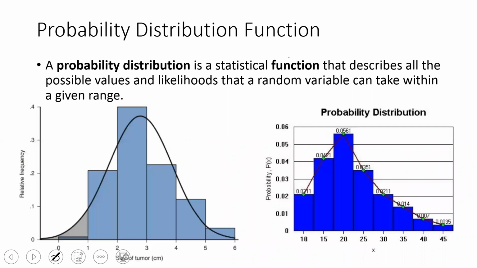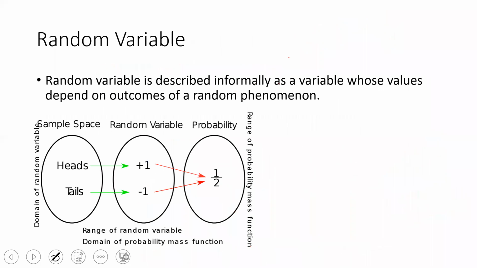And let's see what is a random variable. Now, we do an experiment, and from the experiment we get some outcomes. Whatever possible outcomes there are of an experiment are defined by a random variable.